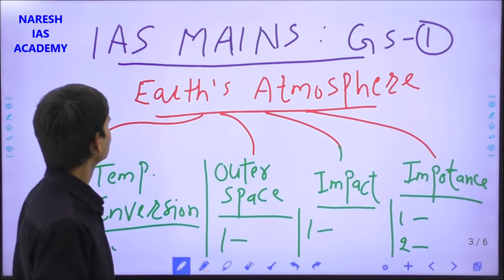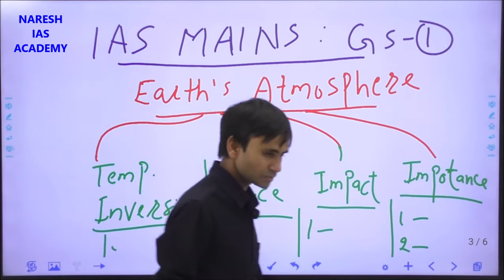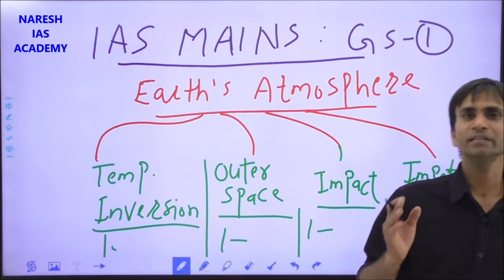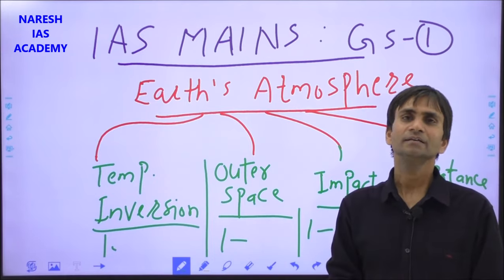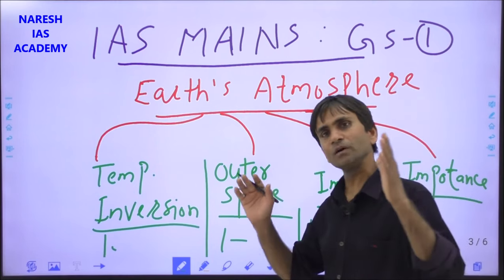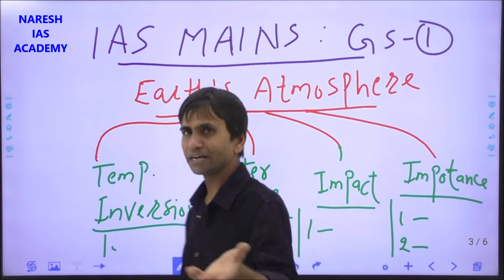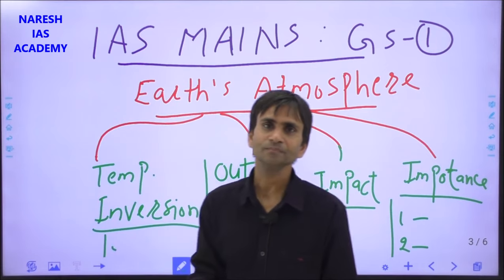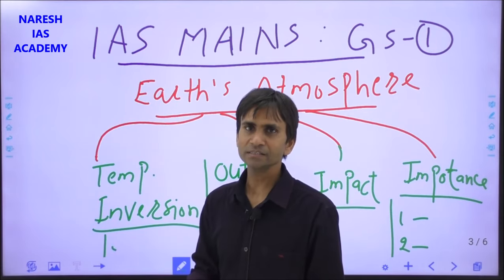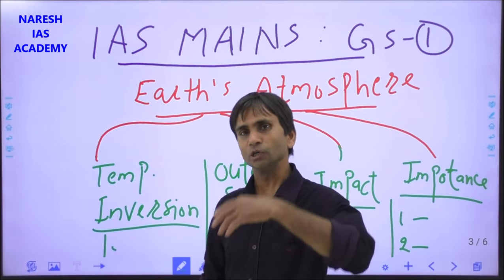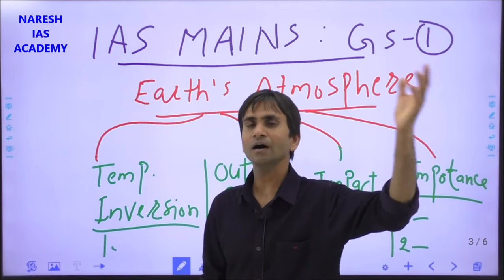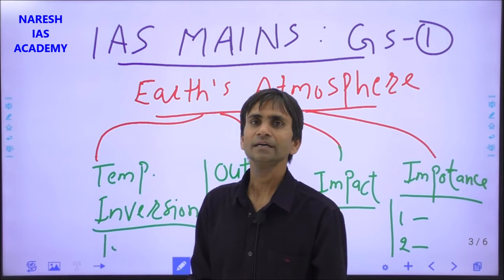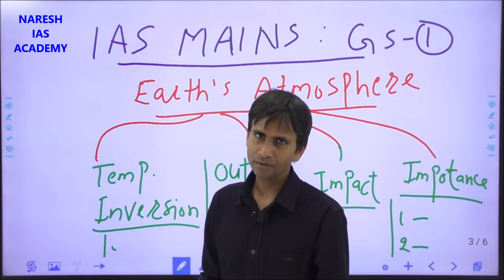I hope you have studied a lot about the Earth's atmosphere. What do you mean by the atmosphere? Why does the atmosphere exist on the planet Earth, and there is no atmosphere on other planets like Mars, Jupiter, Saturn, Venus, and due to the absence of atmosphere there is no life on the other planets except Earth.